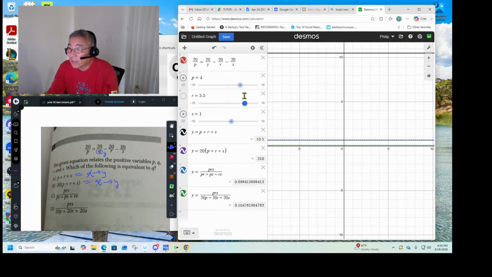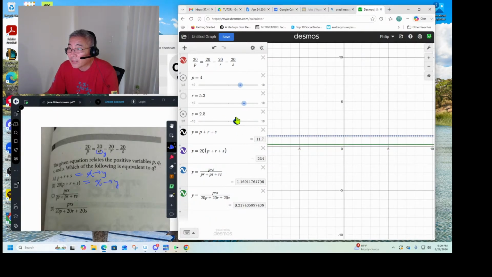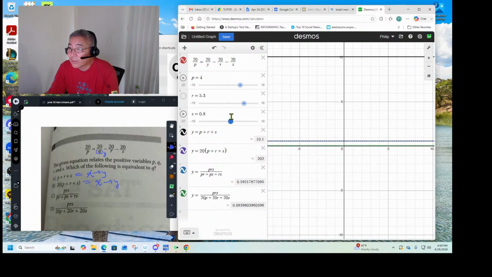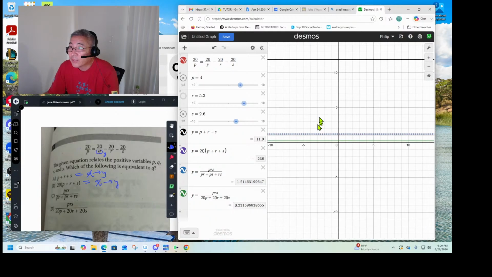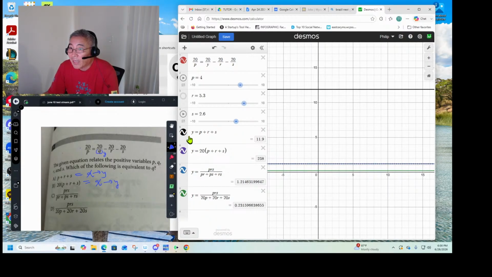R lifts the green line off the x-axis, and S looks like it is also lifting the values up. So black, the red is obviously this one because it's dotted, right?